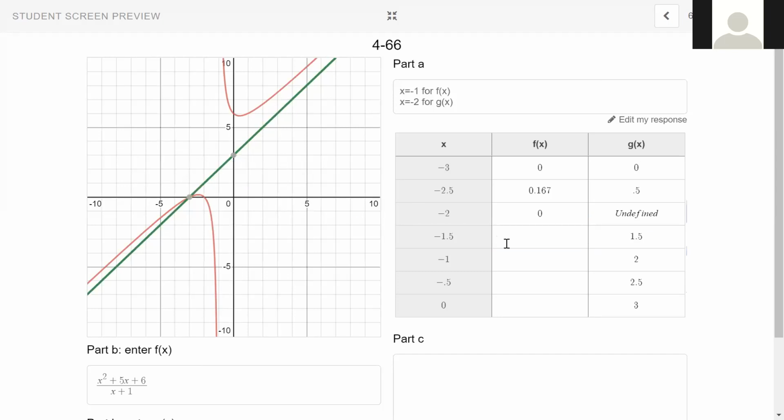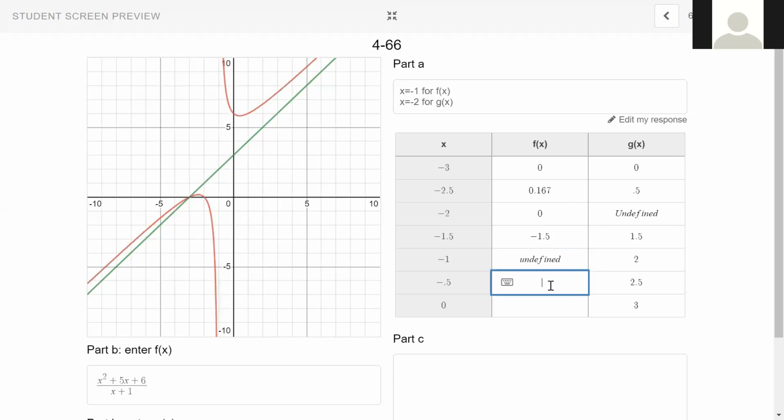Sweet. So this one's the one that's slightly trickier. -1.5, interesting. And -1. It looks like there's a vertical asymptote at -1, so we'll also call that undefined. -0.5 is all of a sudden up here.